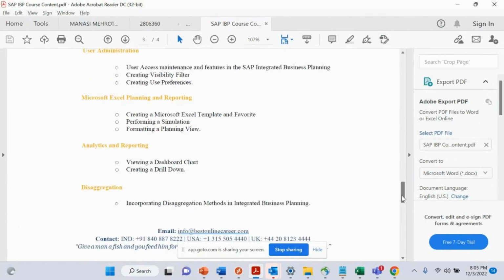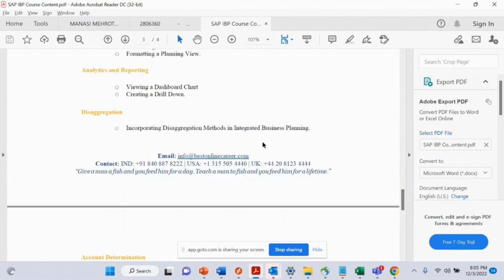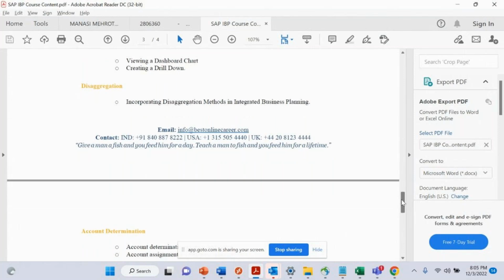Analytics and dashboards, which are the most important in terms of business: if you want to show this data in a dashboard chart, which analytics you include and how they behave. And disaggregation: how you write the logic based on aggregation and disaggregation.